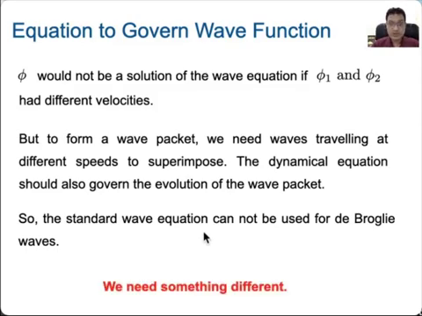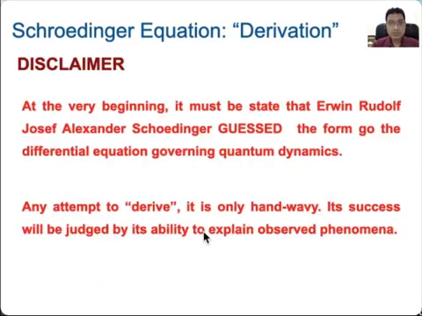Before we go and discuss this new equation, which we are going to call the Schrodinger equation, and talk about its derivation, let me make a disclaimer that Erwin Schrodinger guessed this equation. He had not derived it from first principles.